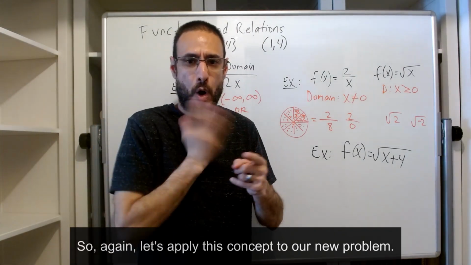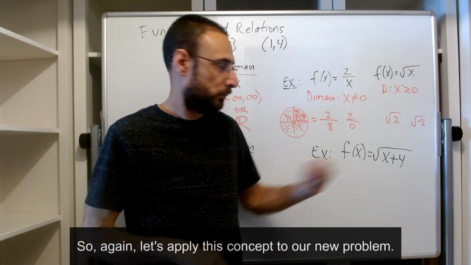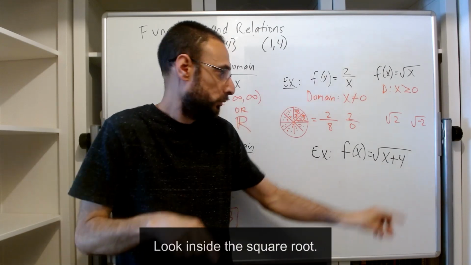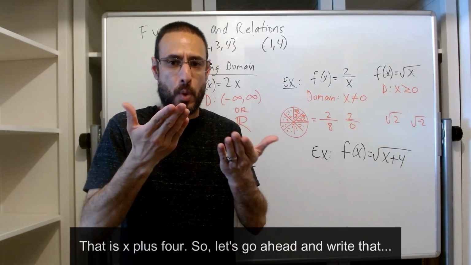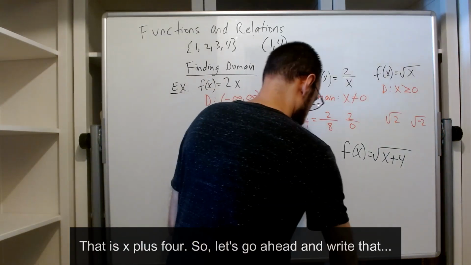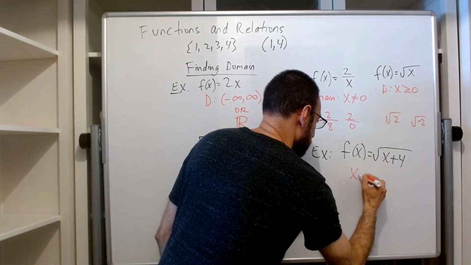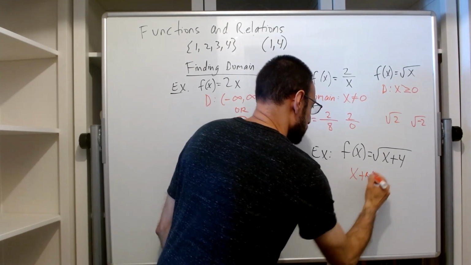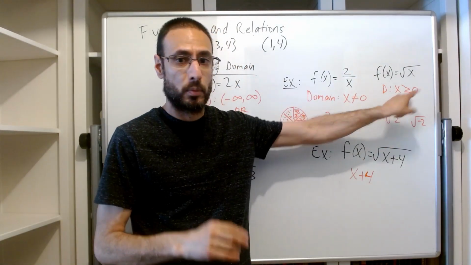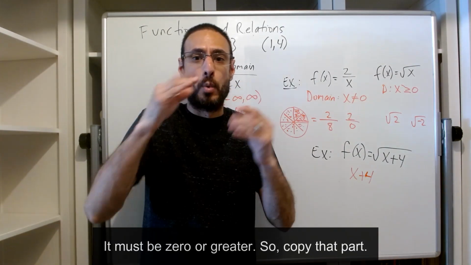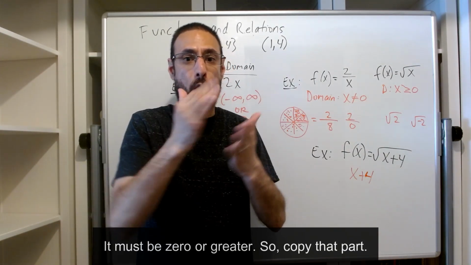So, again, let's apply this concept to our new problem. Look inside the square root. That is x plus 4. So, let's go ahead and write that. It must be 0 or greater. So, copy that part.